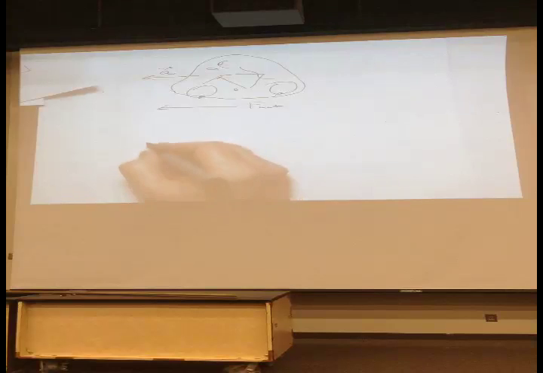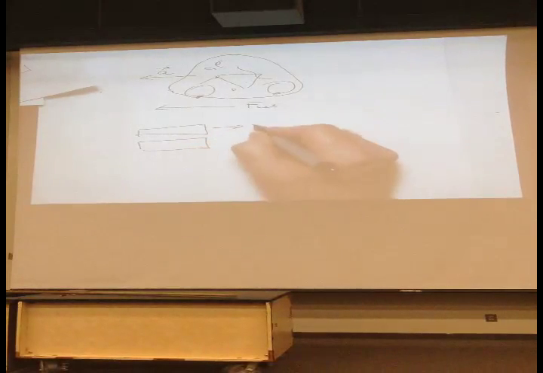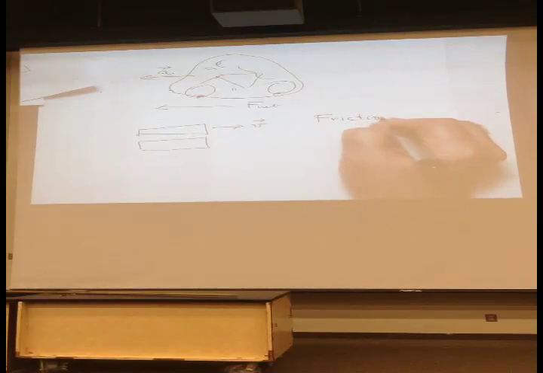The thing is that if you have two surfaces and you want to slide one relative to the other, what friction will do is oppose the sliding. So this is the thing: friction opposes sliding.